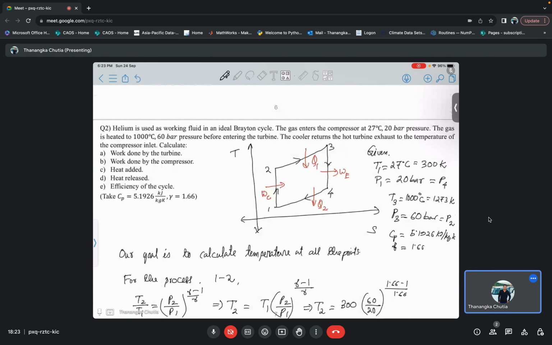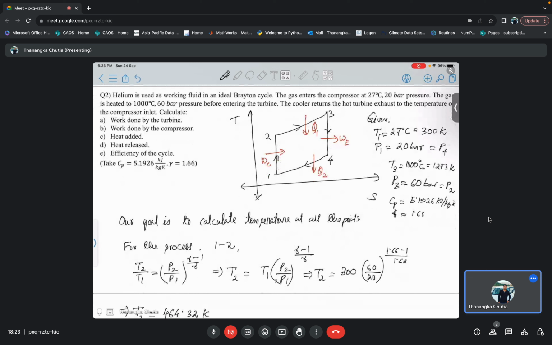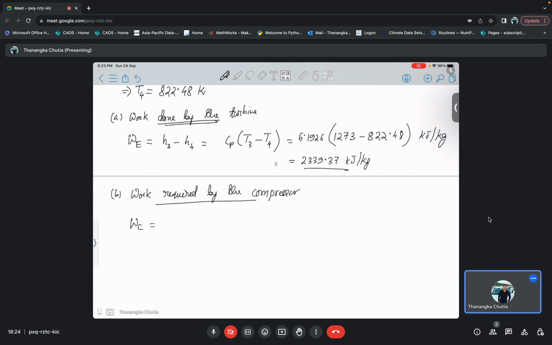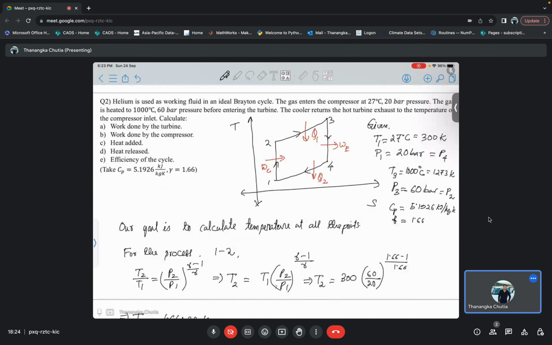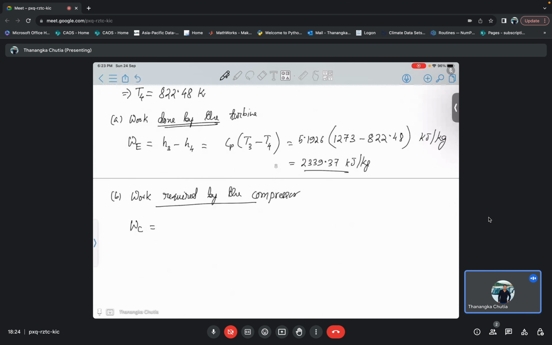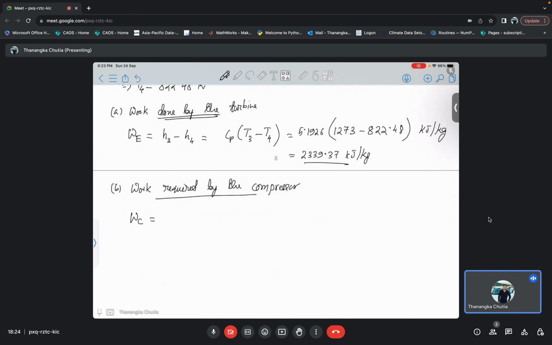Next is what? Work done, not actually work required. Okay, so this will be work required by the compressor. Okay, WC, that will be equal to what? H2 minus H1 required. So WC, that will be H2 minus H1, that will be CP T2 minus T1.